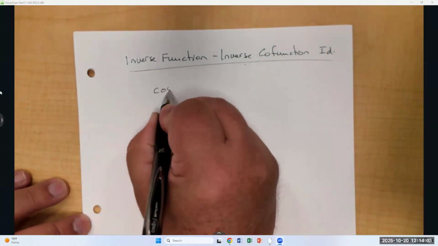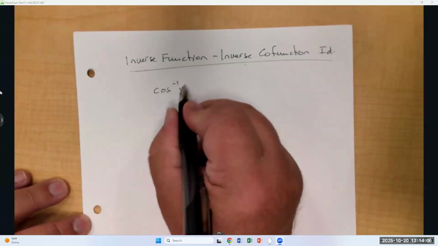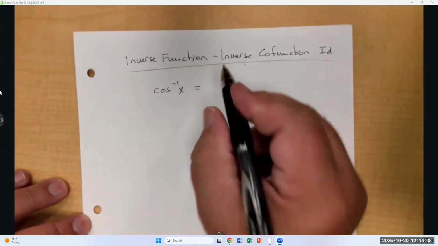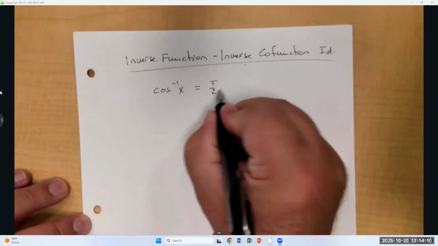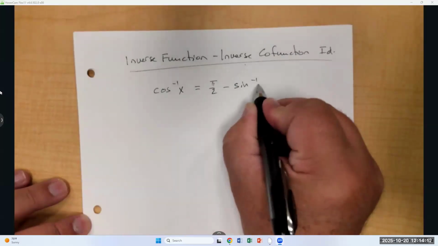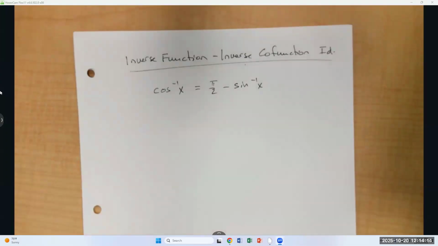So the inverse cofunction of x is the same thing as pi over 2 minus the inverse of sine.